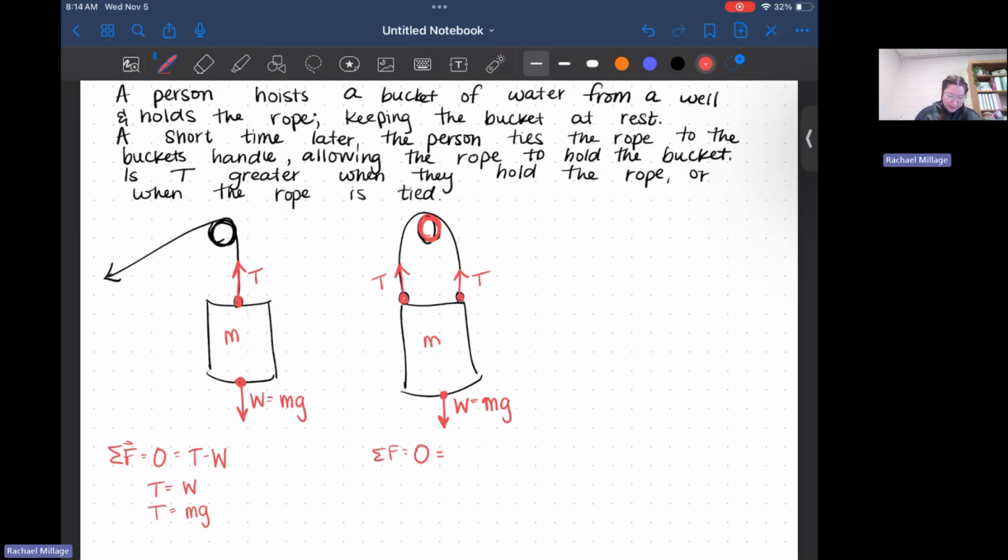And our positive forces, we have 2 T's in the upward direction minus W. Again, like we just did, we can take this part of the equation and rearrange it and start searching for T, what our tension is, right? Because we're looking at, is the tension greater when they hold the rope or when the rope is tied?